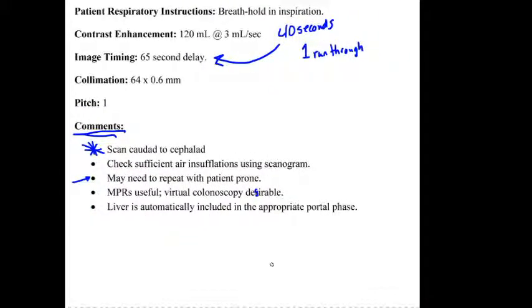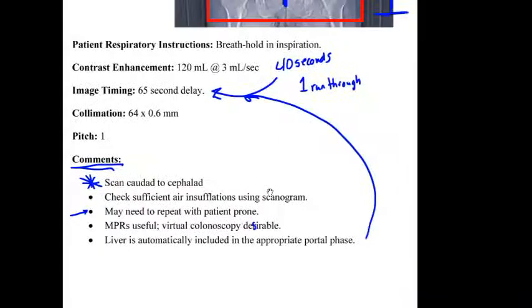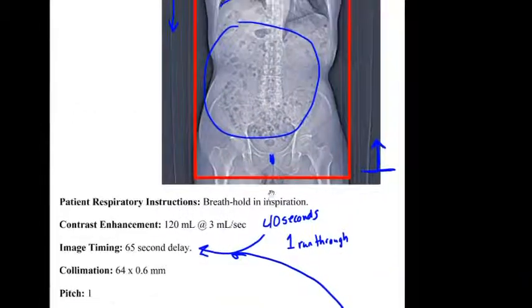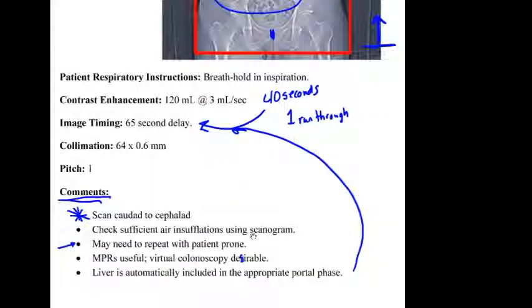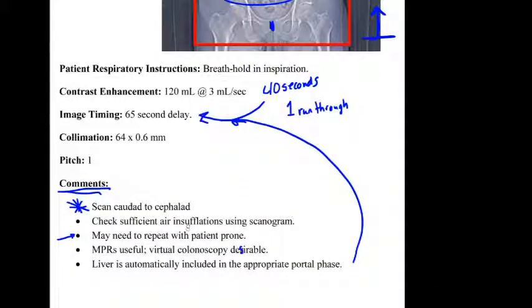The liver is automatically included in the appropriate portal phase, and so based on you scanning at 65 seconds, you don't have to worry about the liver being out of phase or needing to scan at a certain time, because that's taken into consideration here. When we're speaking of air insufflation, we're speaking of air in the colon.